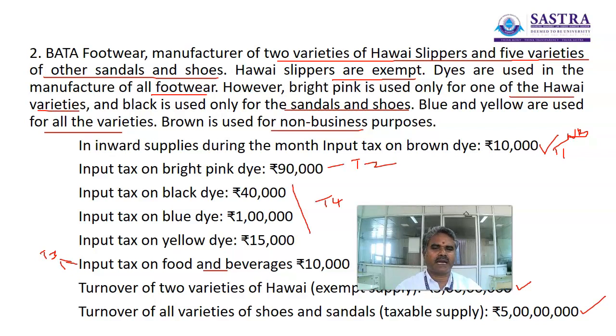However, bright pink is used only for one of the Hawaii varieties, which is fully exempt. And black is used only for the sandals and shoes. That's it. Blue and yellows are used for all the varieties, so taxable. Brown is used for non-business purpose. So T1.